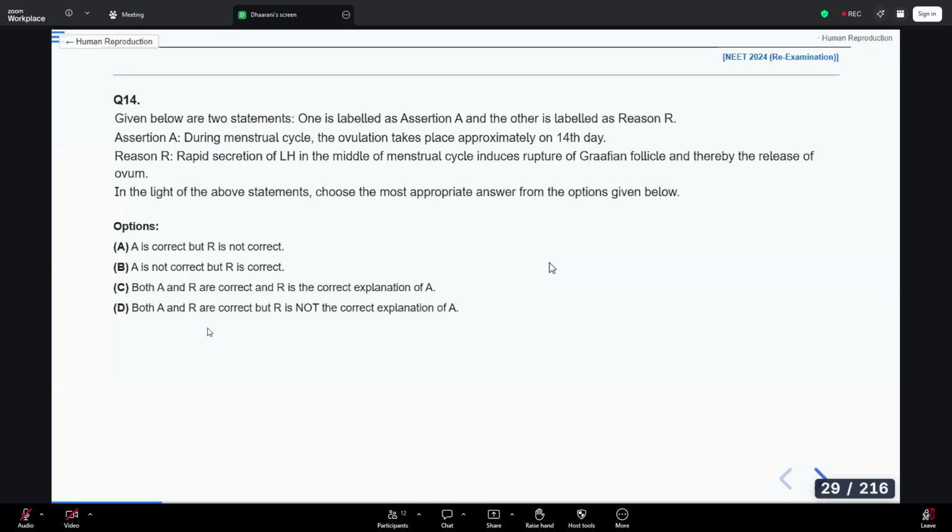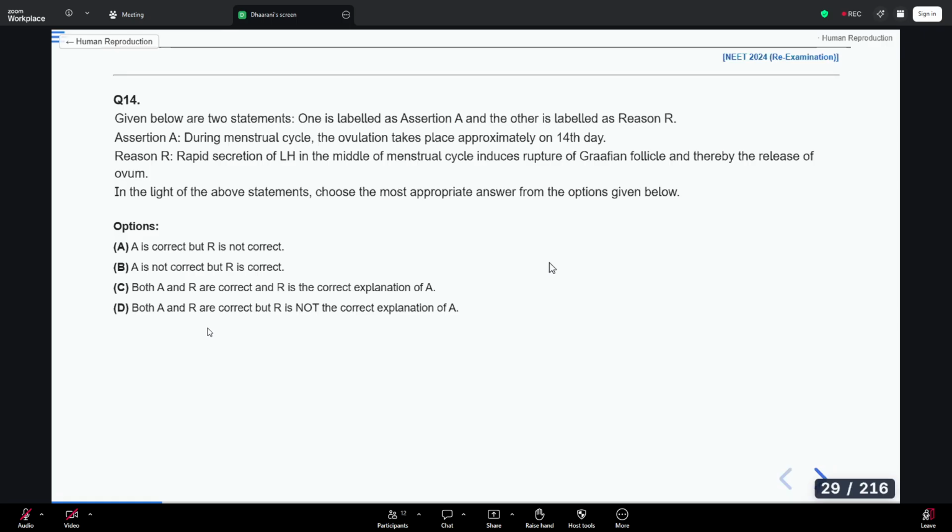So generally, ovulation day is equal to the average length of the cycle minus 14. As Saksham told, you have to subtract 14 from the average cycle length. If you don't know, just note it down: ovulation day is equal to average cycle length minus 14.